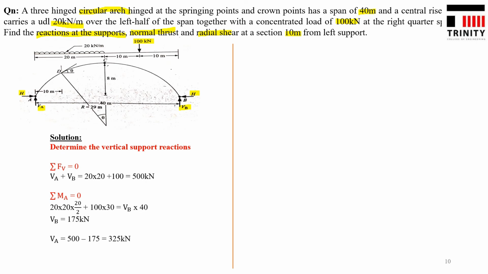So by using sigma F equal to 0 and sigma MA equal to 0, you can determine the support reactions VA and VB. Then next, determine the horizontal support reaction by using the condition of equilibrium, sigma MC is equal to 0. By taking moment about C, you can find the horizontal force H.